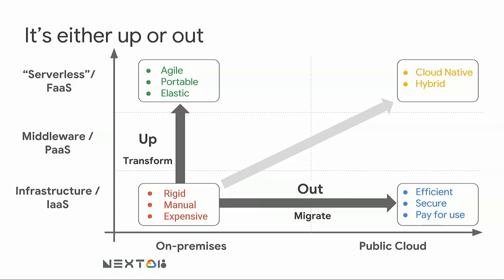And really, the up path is taking what you have today in your data centers and modernizing it, right? A lot of companies that I talk to are actually building PaaSes on top of their existing infrastructure because they want that speed, that agility. On the other hand, you can move to the cloud, lift and shift, and then modernize when you're in the cloud.